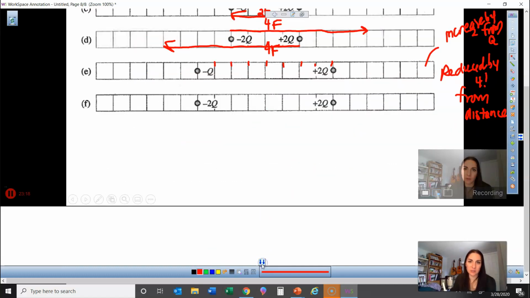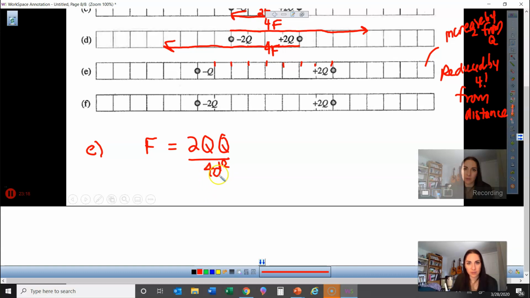So what that means is, for E here, the force is going to be 2q over 4d squared, right? Because we already did that. So if I just take out the factors, I get 2 over 4 times q over d squared. So the force is now reduced to 1/2.